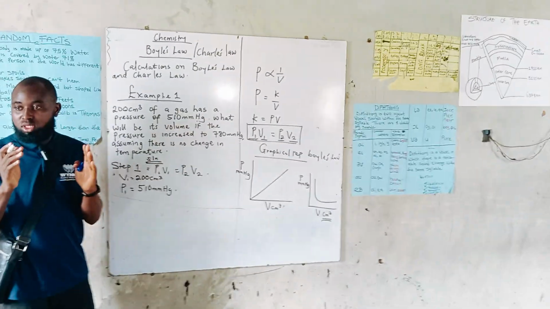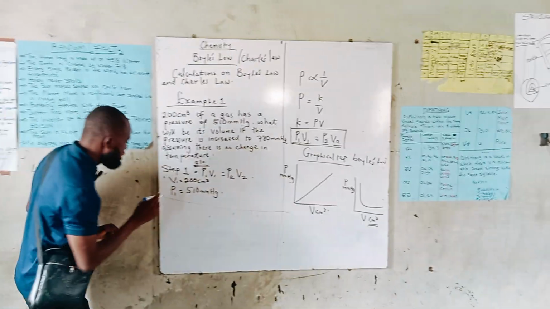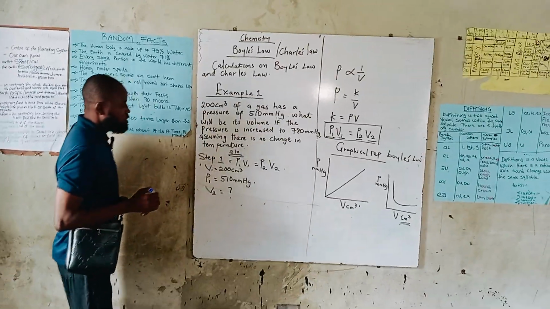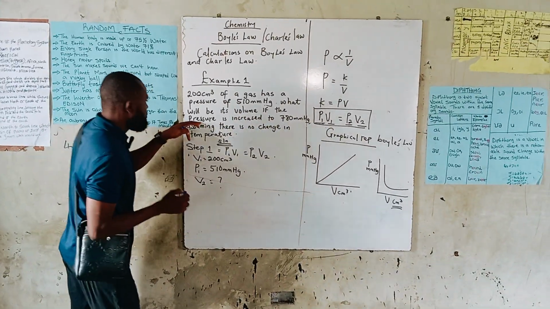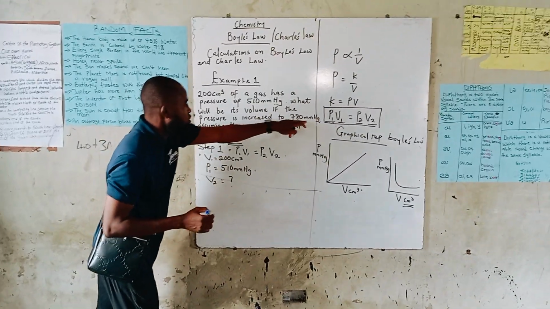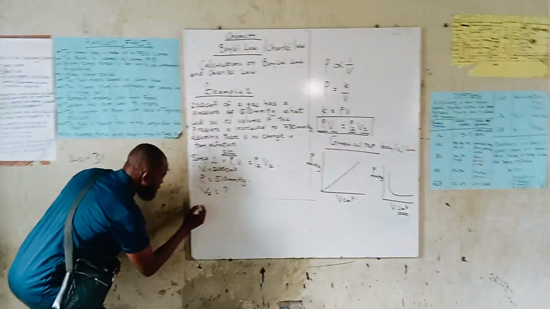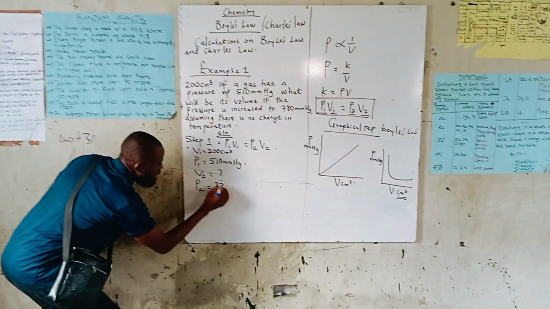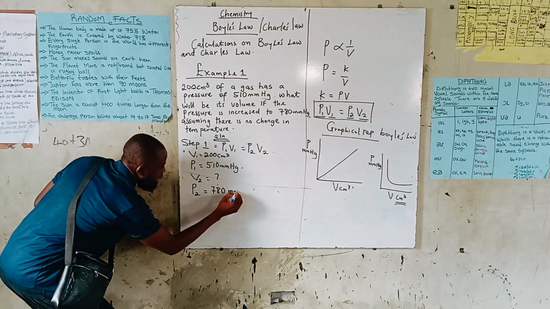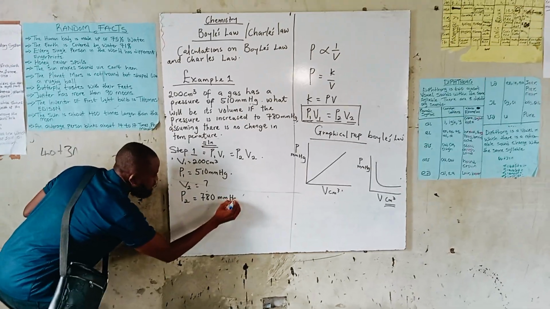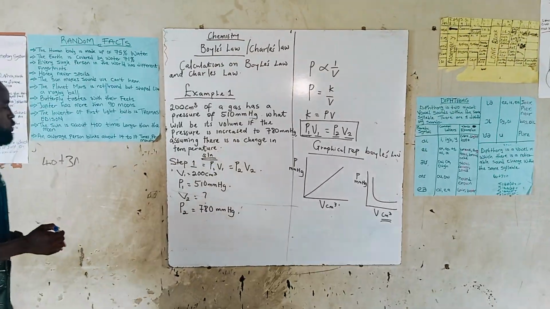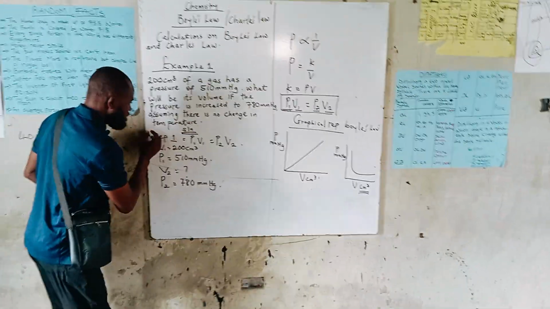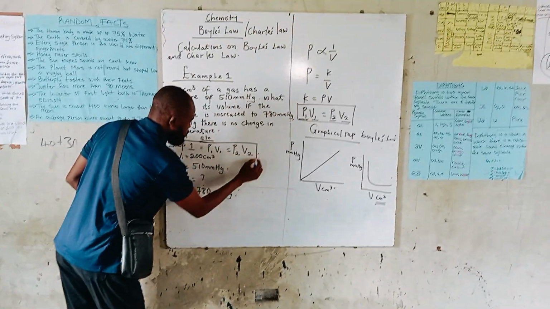Definitely, I'm looking for my volume 2, so V2 is unknown. If the pressure is increased to 780 millimeter mercury, that is my P2 equals 780 millimeter mercury. Are you with me? Then we can now apply this formula that I put here.